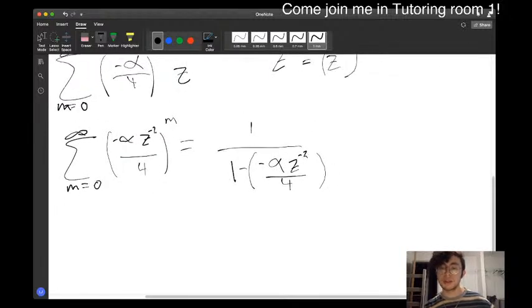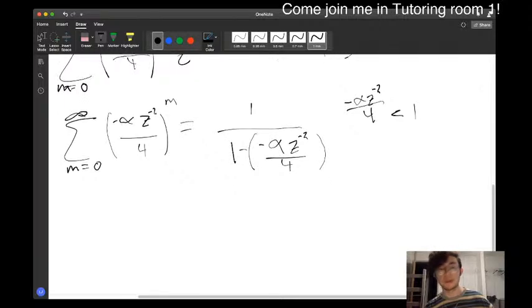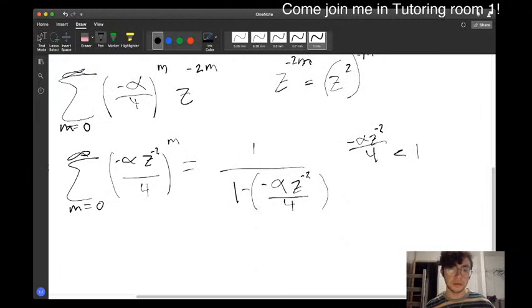And under what condition did that converge? If the magnitude of r is less than 1. So the r that we have in our series is negative alpha z minus 2 over 4. That's our r. Oh, actually, wait. Hold on. Ah, wait, no, that works.